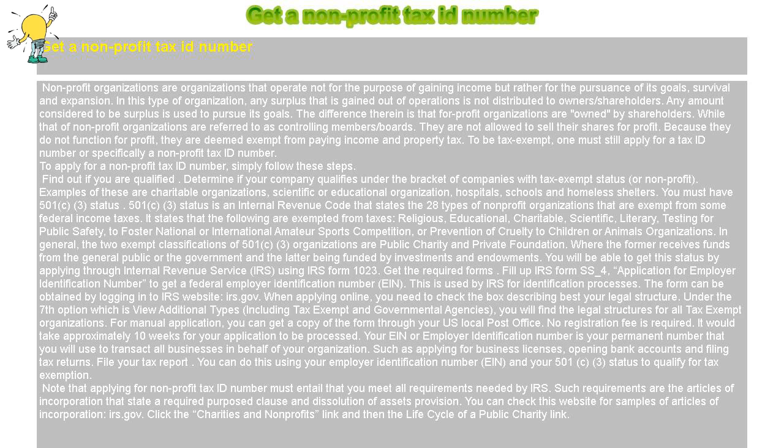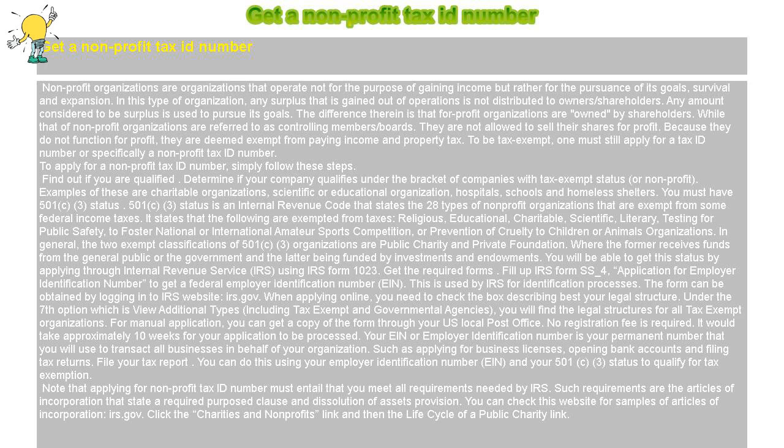Note that applying for nonprofit tax ID number must entail that you meet all requirements needed by IRS. Such requirements are the articles of incorporation that state a required purpose clause and dissolution of assets provision.